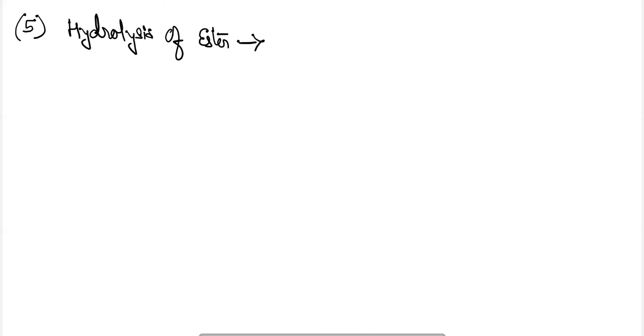For the hydrolysis of ester, the general reaction is the ester, RCOOR', hydrolyzed in the presence of sodium hydroxide. Alcohols are generally prepared by hydrolysis of ester with aqueous alkali. If they are reacted with aqueous alkali, then they form alcohols.